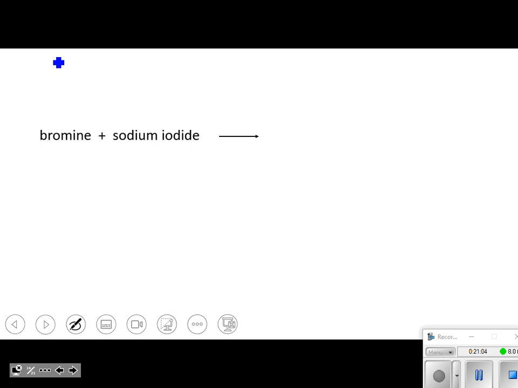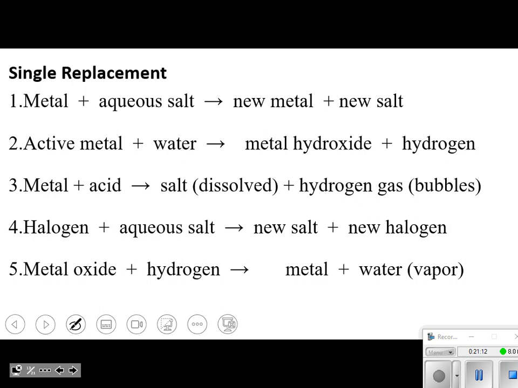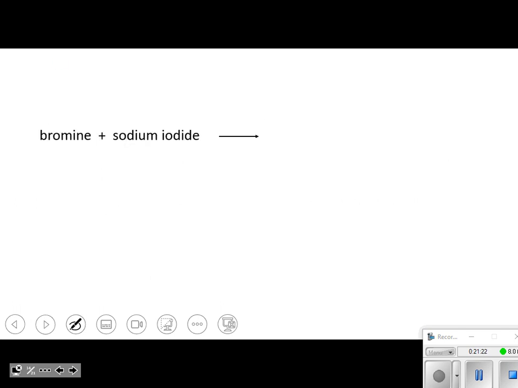Anything? It's what? It's a halogen. Well, don't I have something right here that says a halogen with an aqueous salt? So, this is going to be a single replacement number 4.